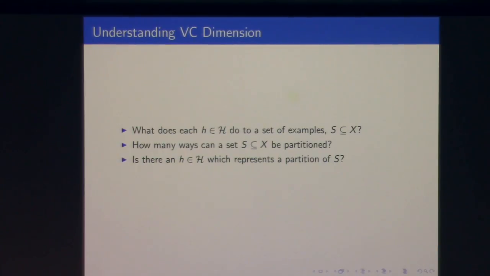We are still assuming these are binary classifiers. So it will call some of the points in this data positive and some negative. That's the effect. Now, if I have some data set S, which is a subset of all of your data, we can partition that data in how many ways?